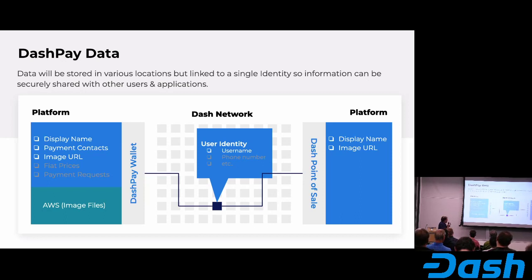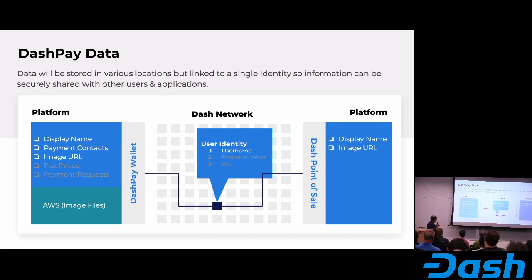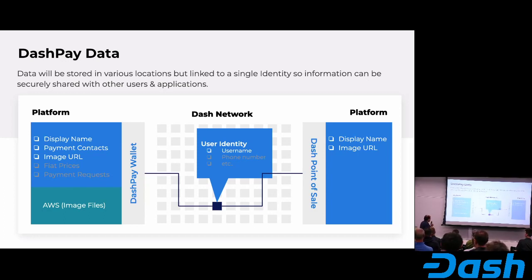All your contact information would be stored on the platform, as well as information about pictures and images. We're not actually going to store the images on the platform at first. In our first rollout, it'll be a more central location. Other things, like fiat prices at a transaction level, we store on the device itself right now, but that is likely to move over to the platform, as well as payment requests, which will come later too.